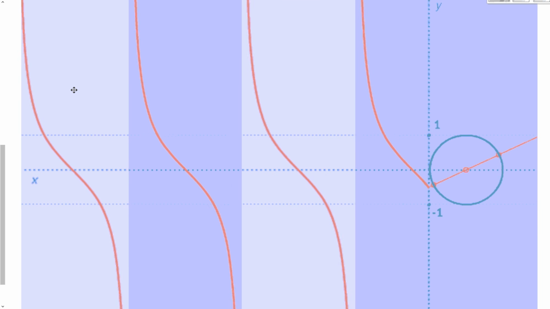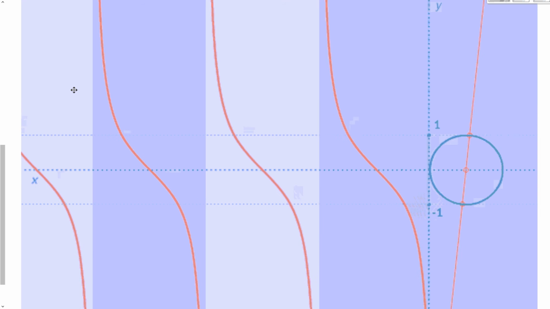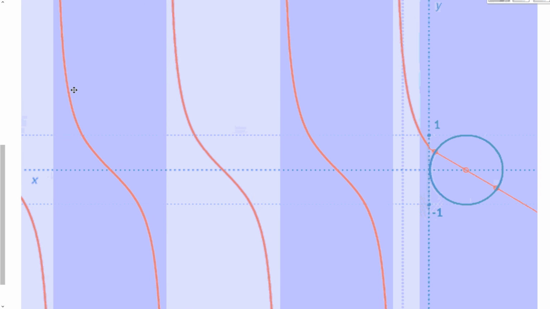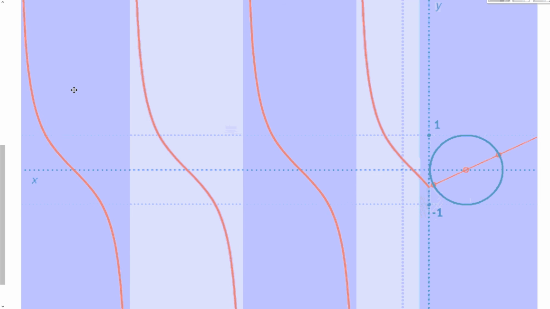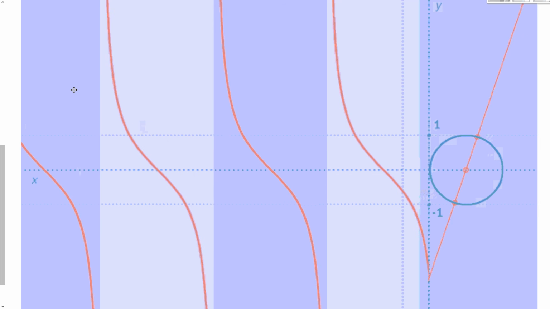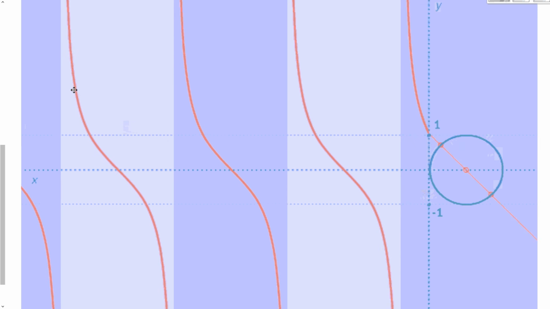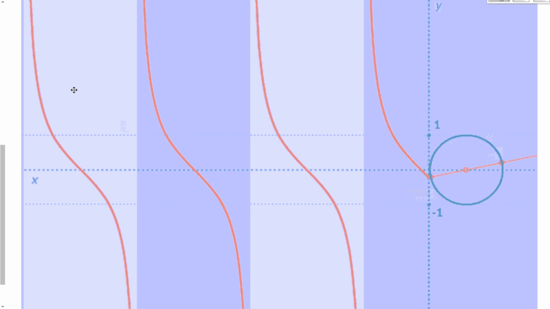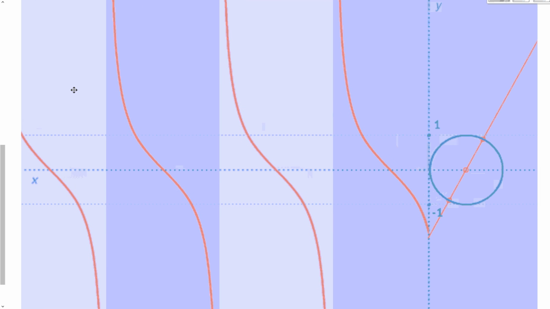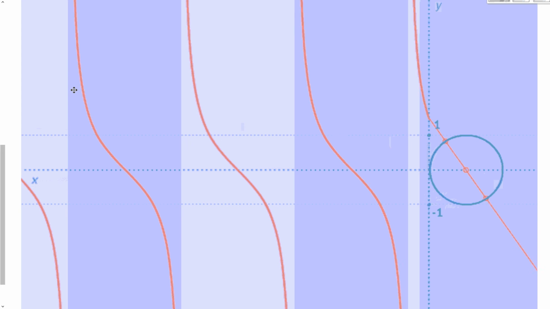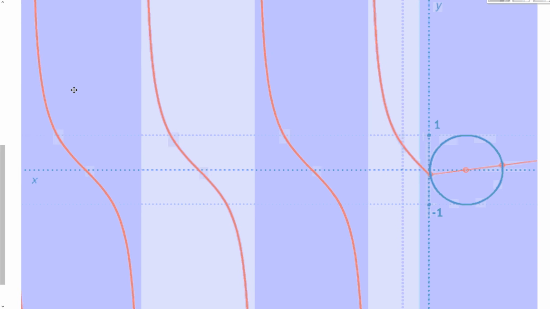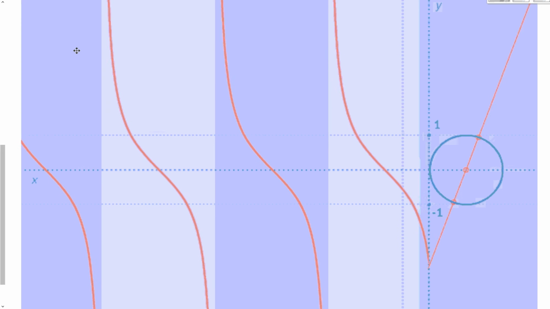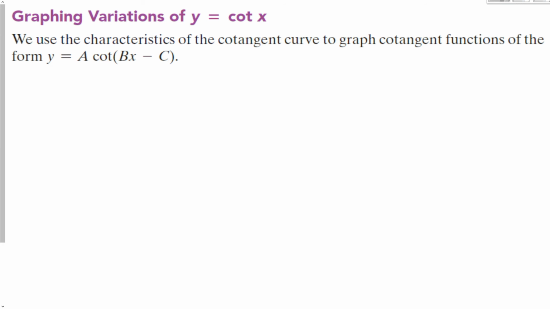As you look at the cotangent, as you spin around the unit circle, we are drawing a ratio of the x and the y, and as soon as you hit straight up and down, it is undefined. So kind of cool.